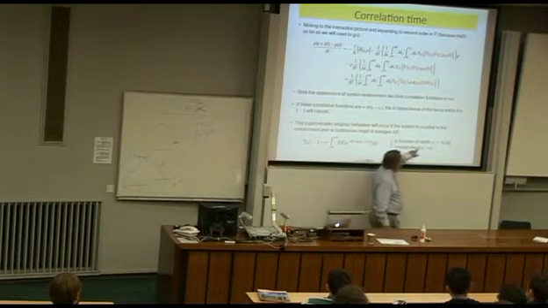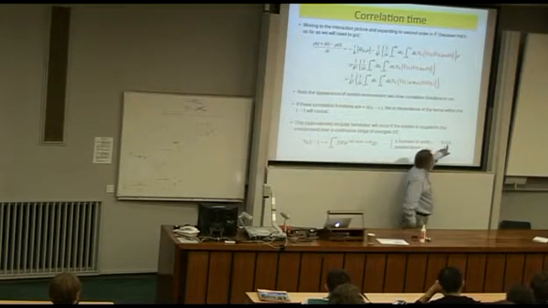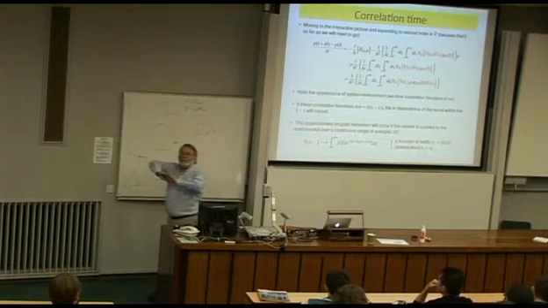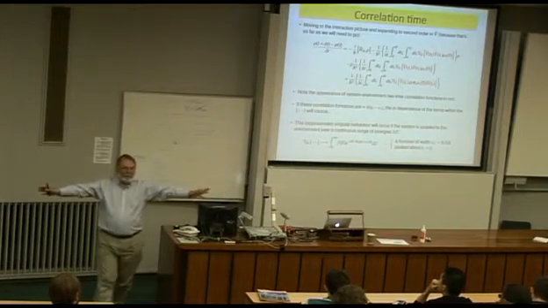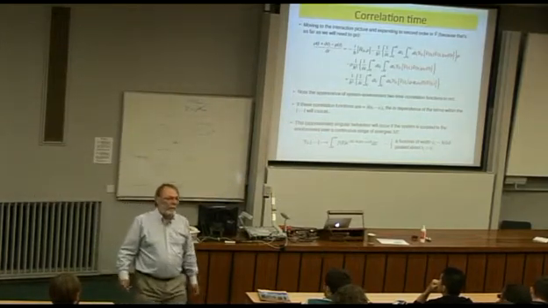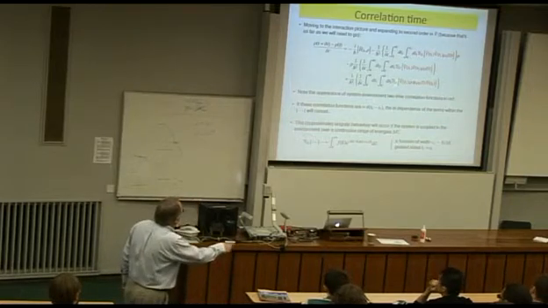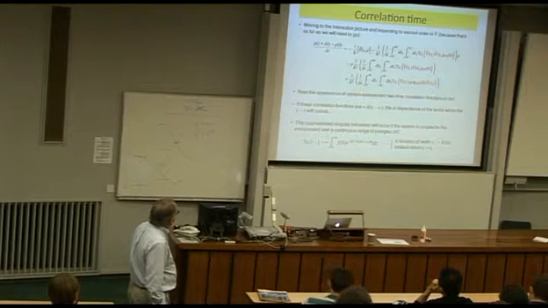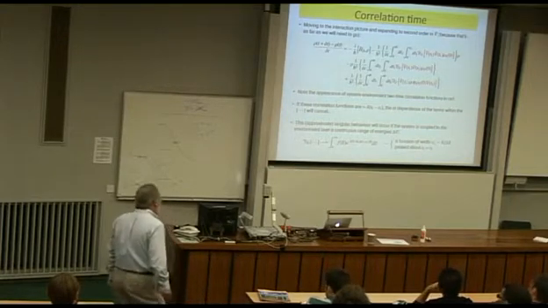So you've got a correlation time, which is Planck's constant divided by that range, delta E. And if you assume that the reservoir is very broad, that's a white noise approximation, then you'll get these correlation functions being approximately delta functions.